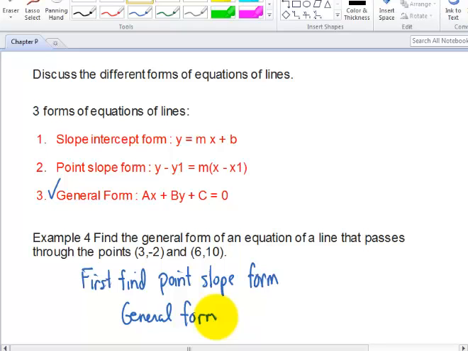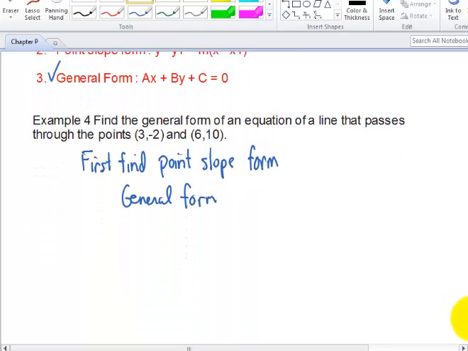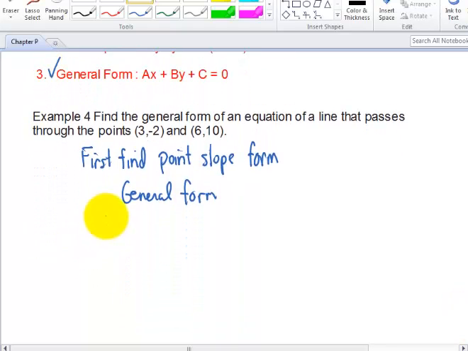And this is by using common multiples. One of the first things we want to do is fill in the blanks on a slope intercept form.